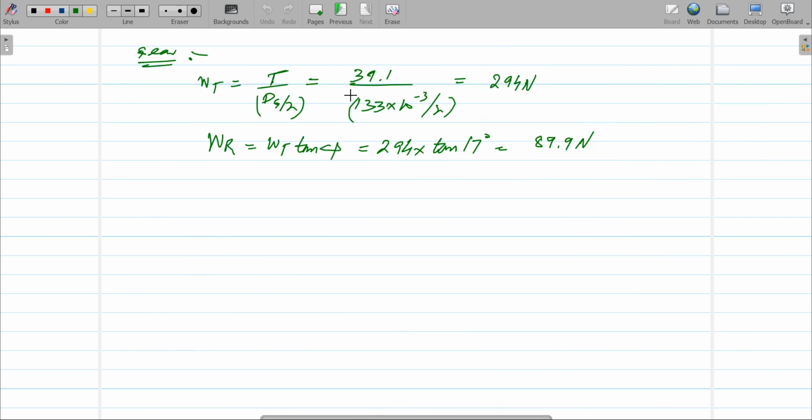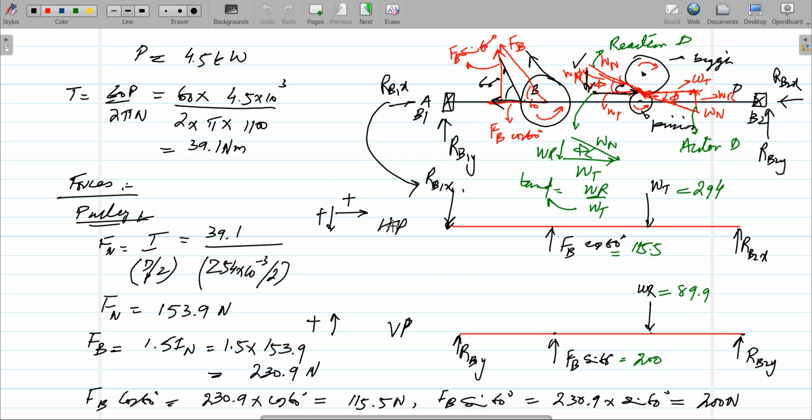Finding reactions, if you look at here, first of all, the horizontal plane. So look at the horizontal plane. Clear?